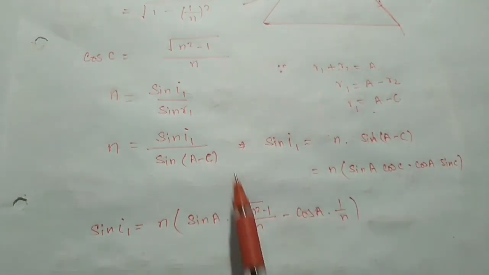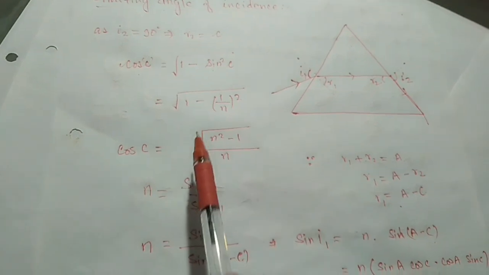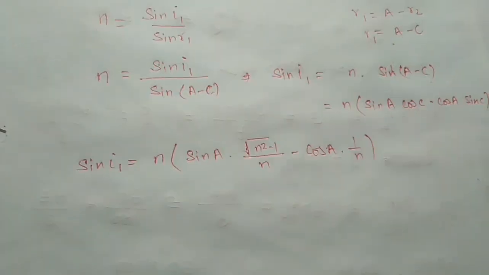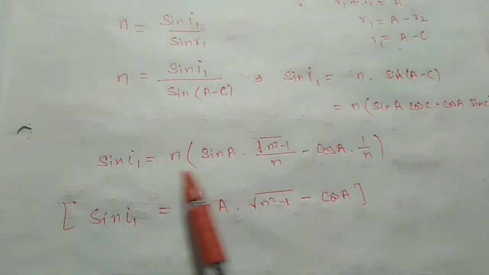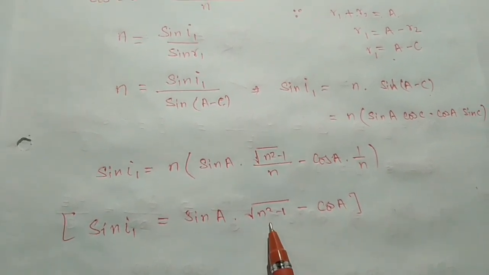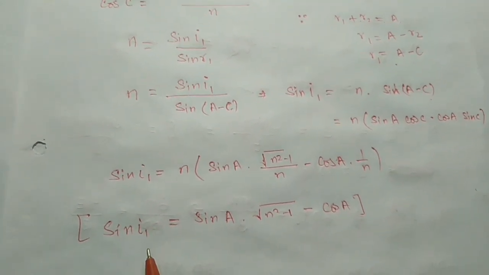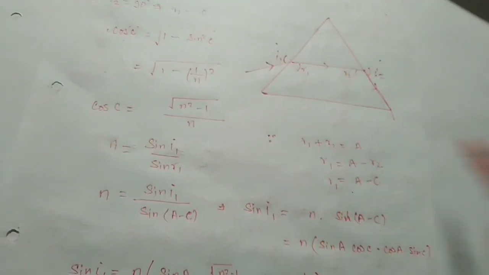Putting that, minus cos A sin C, and we know that sin C is 1 upon n, so n is cancelled. So sin I1 is equal to sin A under root of n squared minus 1, minus cos A. So this is the minimum angle of incidence so that the light will not return to the same medium.